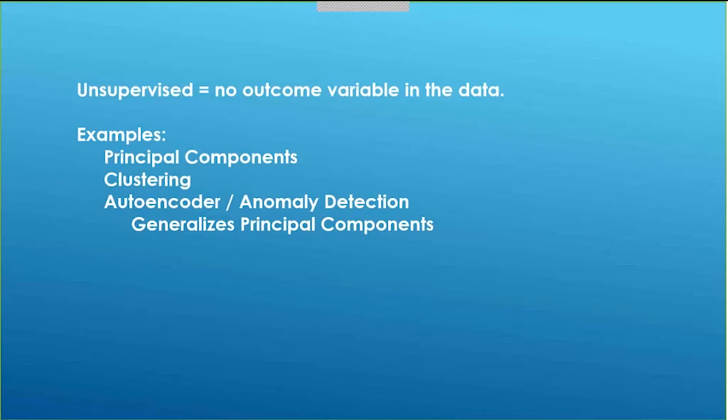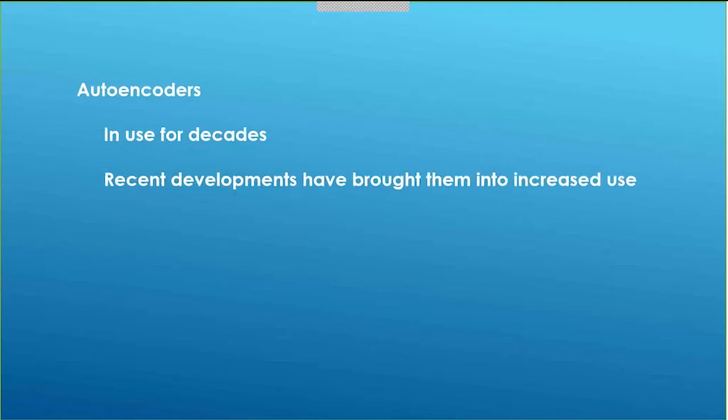Also, where you can say, okay, here are some typical clusters or typical components that highlight the data points that don't fit into that. So the autoencoder is not a new method, but it's gotten a lot more available and useful.